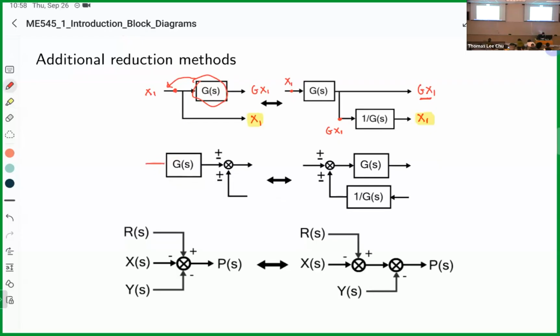Okay. Now, for the second one, it's something that's similar. I'm missing an arrow here. Let's call this x1 again, and let's call this output x2. This output is going to be plus or minus G times x1 plus or minus x2.